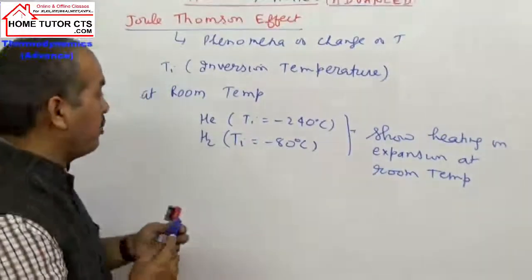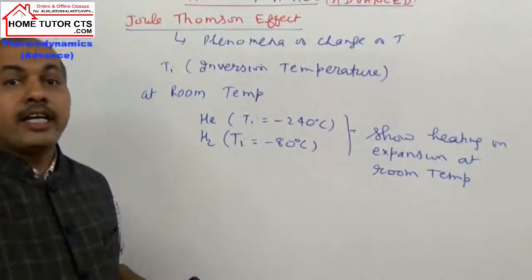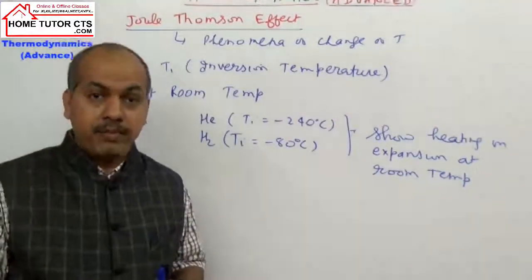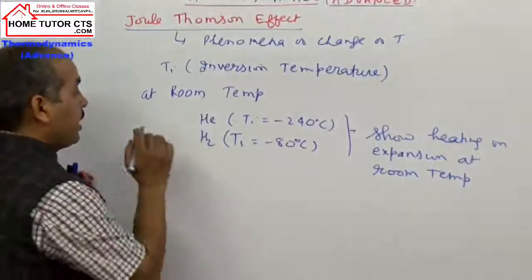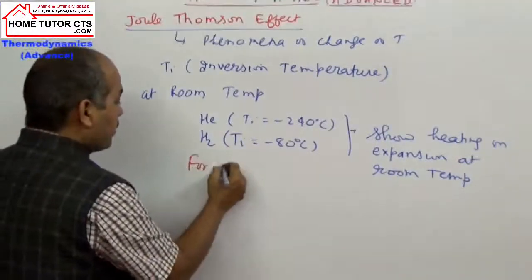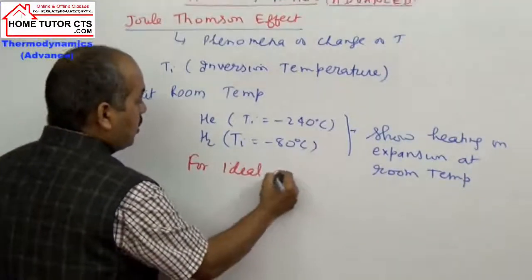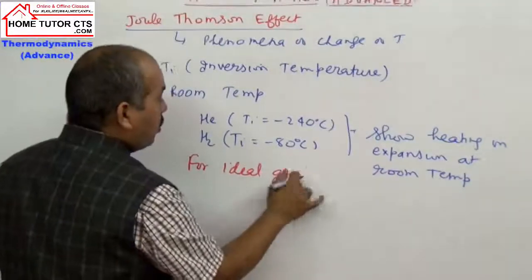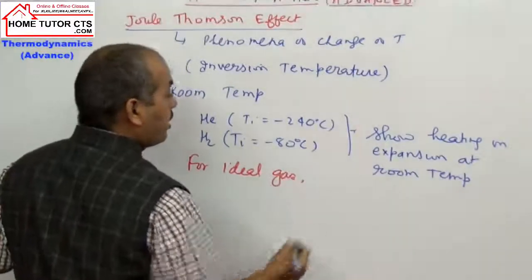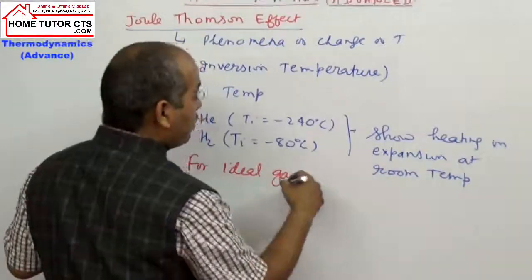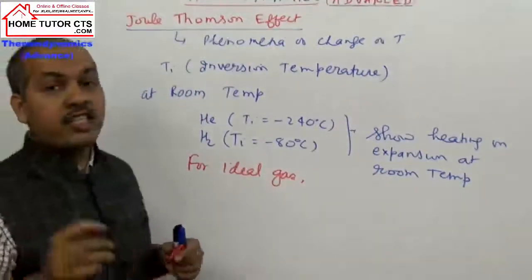Now, in questions, sometimes they use one word: an ideal gas will undergo expansion. Then what happens? Remember, in an ideal gas, on expansion, no cooling takes place. Or you can write here that the Joule-Thomson effect is 0.